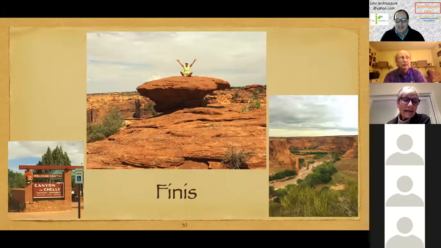I have to say that Canyon de Chelly, looks like Chelly, but it's pronounced Canyon de Chelly, was one of our favorite places. It was amazing. And being able to look at the continent as a geologic body, like the canyon lands are really all one geologic formation, just different canyons.